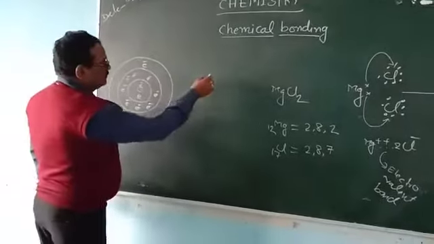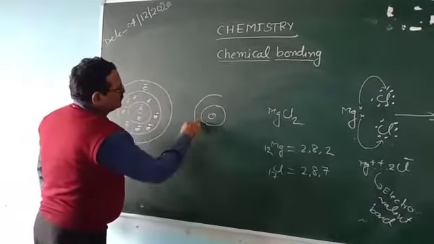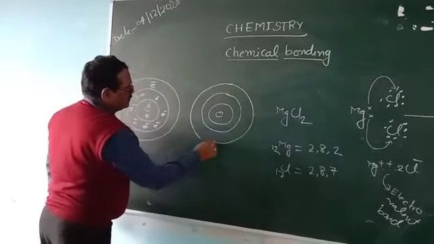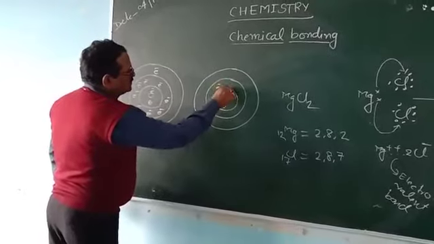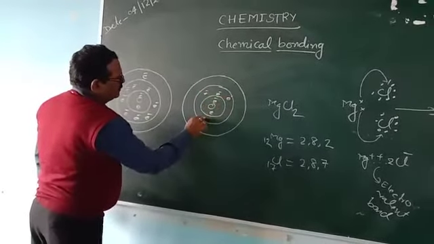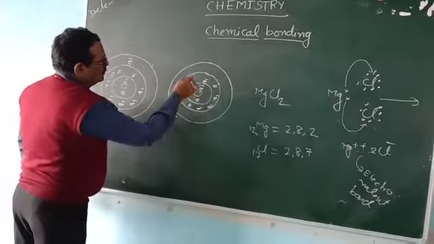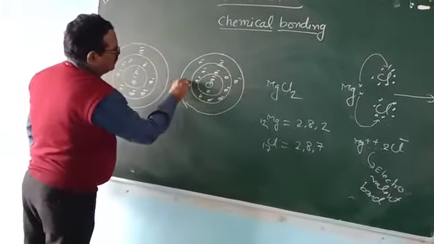And chlorine has the nucleus, with 3 shells also here: 2 electrons and 8 electrons, and 7 electrons in the outer shell here.